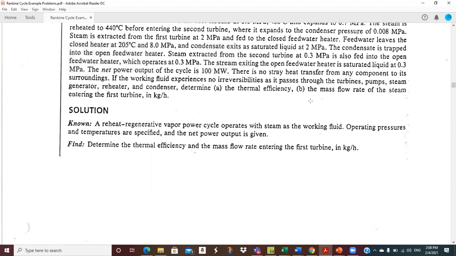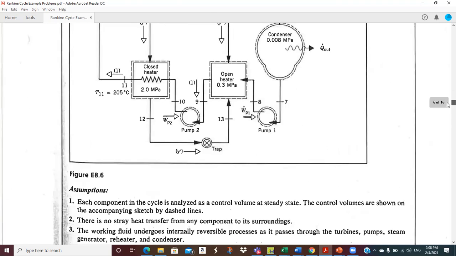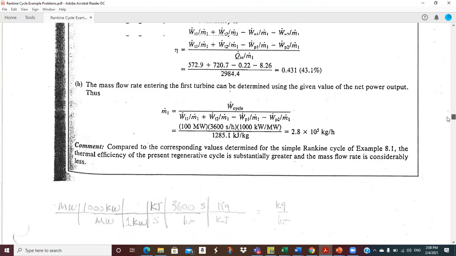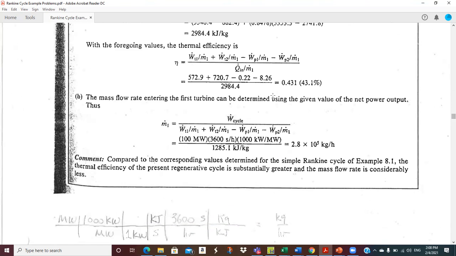Okay. So if you're asked to calculate the mass steam flow, you have to have some absolute number for the cycle. And so that's what this 100 megawatts is there for. So we come down here and there you go. So this 12.85, that's the net power per kilogram.